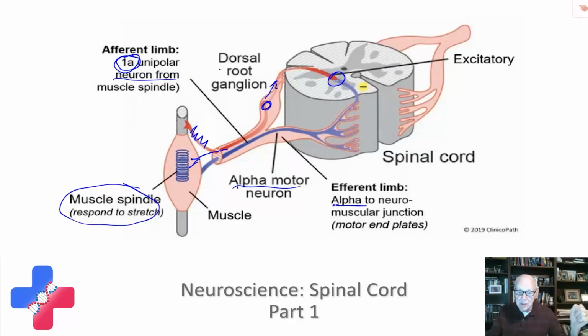When you jerk the muscle, you stretch it, and all the 1A fibers fire out of the biceps via the dorsal root directly to the ventral horn, and synapse there with the alpha, and then the alpha back to the motor end plate is responsible for that single jerk.